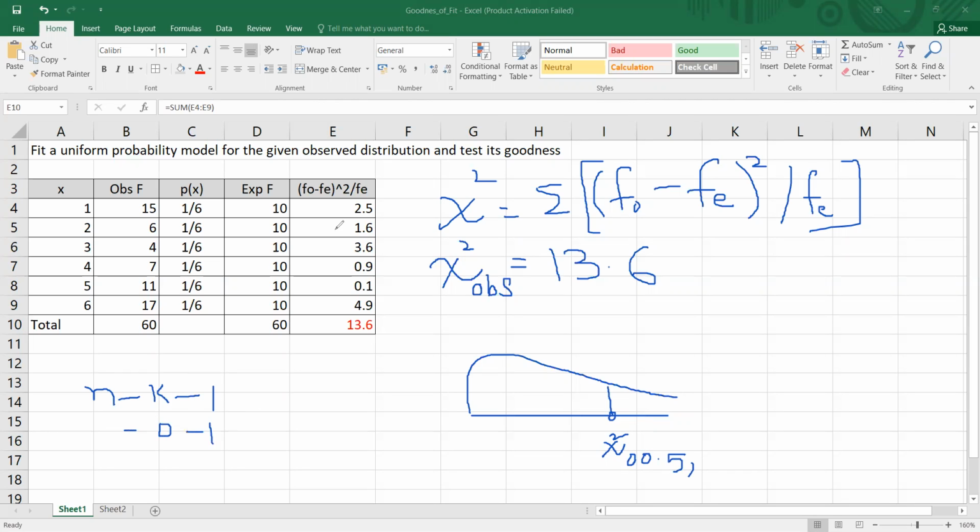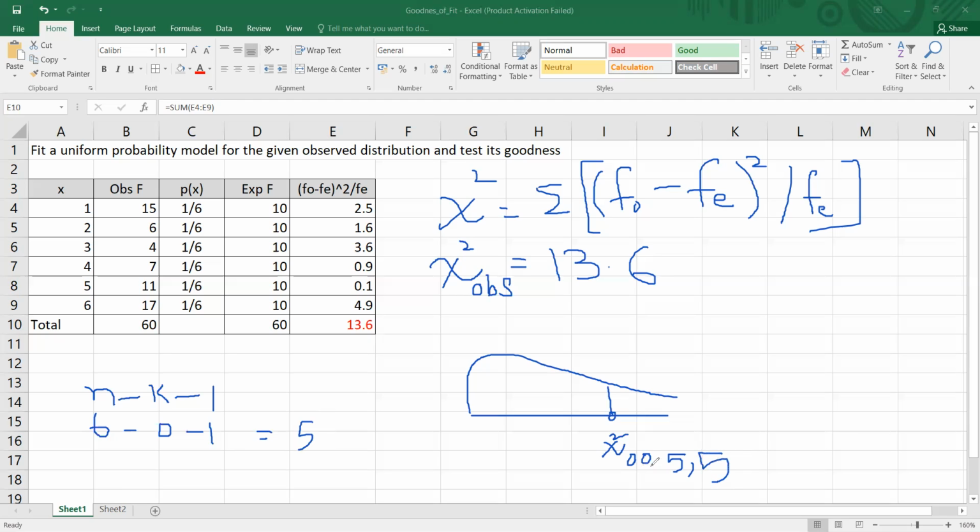The cells used in the calculation of chi-square are 1, 2, 3, 4, 5, 6. The degrees of freedom is 5.